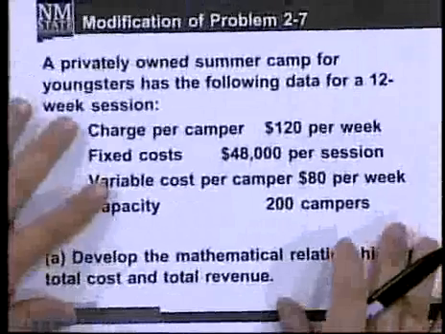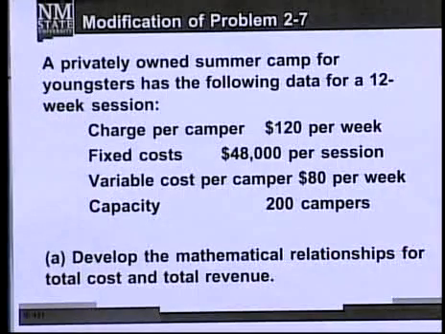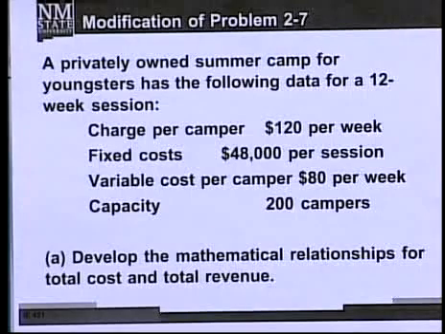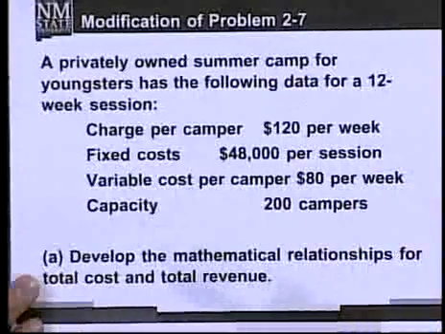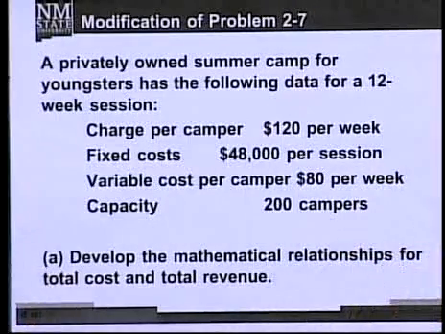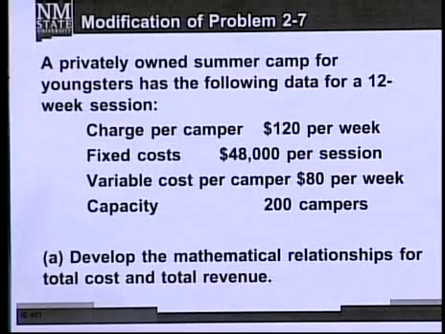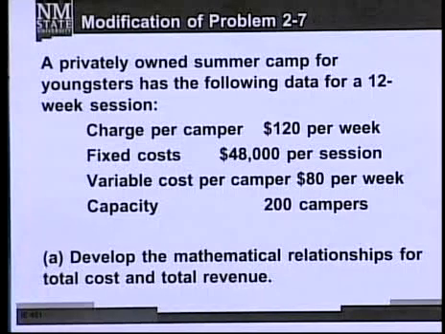Okay, now let's take an example for the break-even analysis. This is a modification of the end of chapter problem 2-7. A privately owned summer camp for youngsters has the following data for a 12-week session.